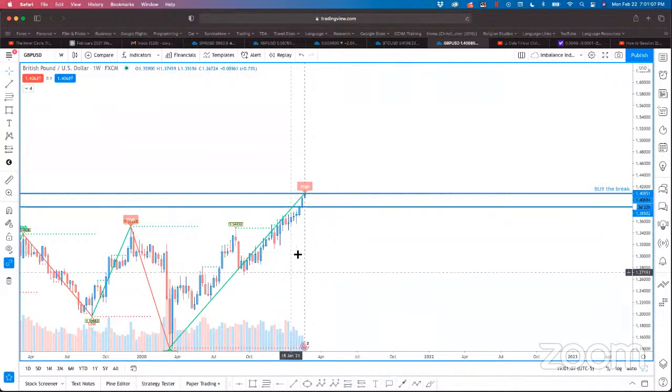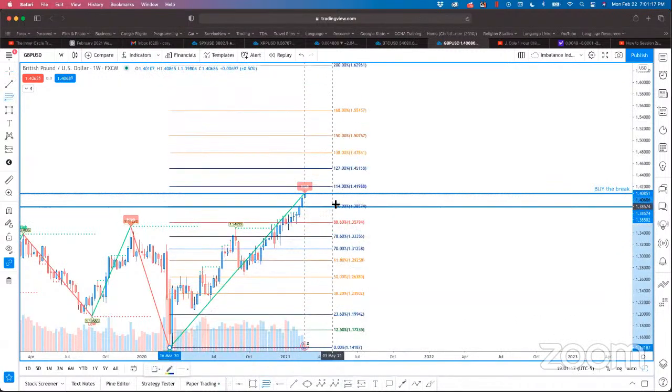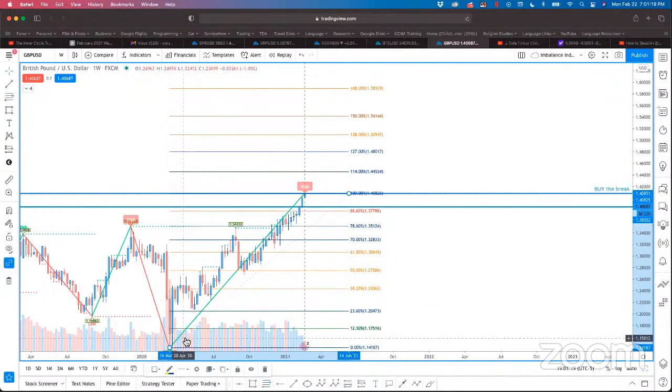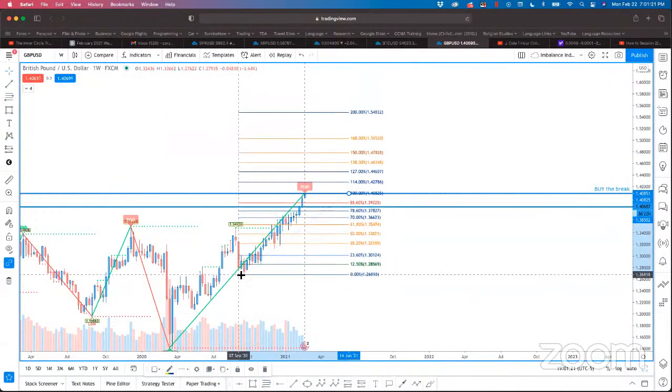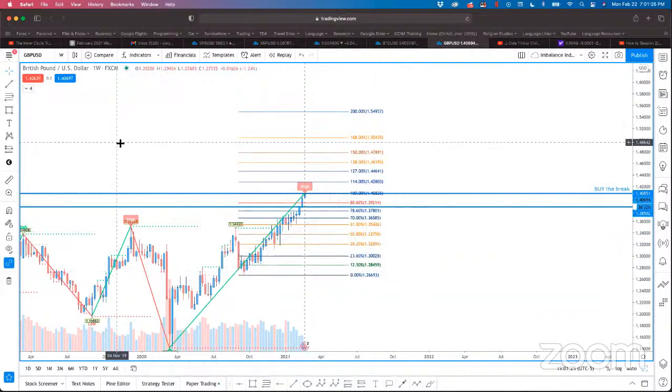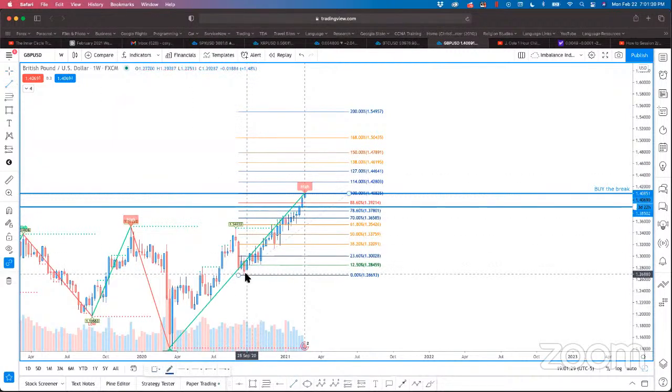So this is where you would get your direction from, right? I'm going up, right? I'm either going to use this low right here, or I'm going to use this low right here. And then, okay, cool. I got this understanding from here to here.